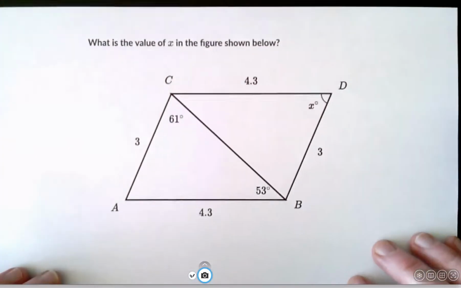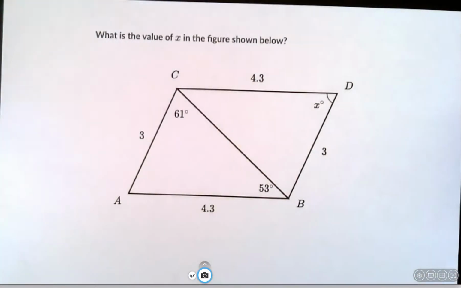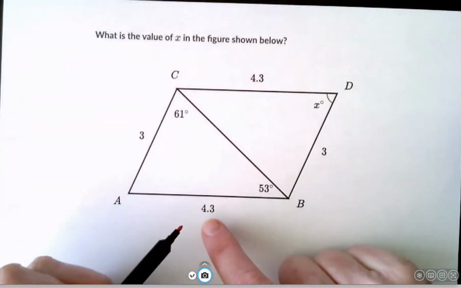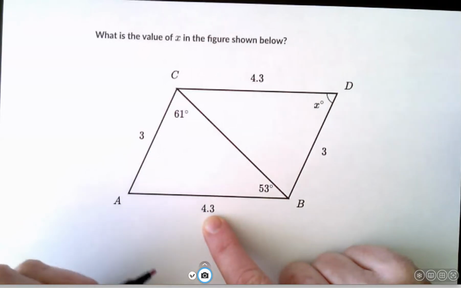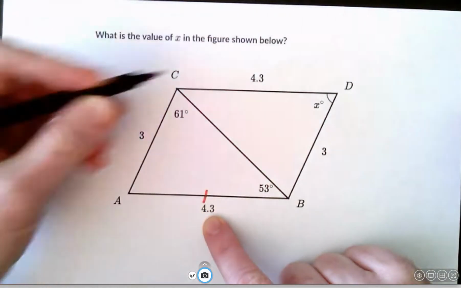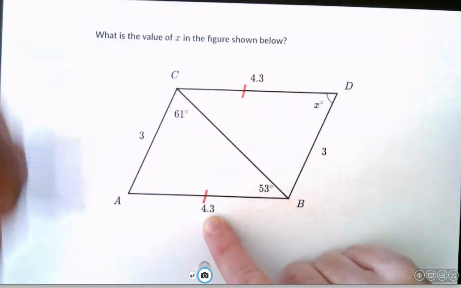Okay, so this is a type of problem that you're going to be asked. I think this one is an example of find angles in congruent triangles. So let's look at this. First of all, do we know that these are congruent? Okay, well, we have a side here, 4.3, right? We know that this is congruent to this.